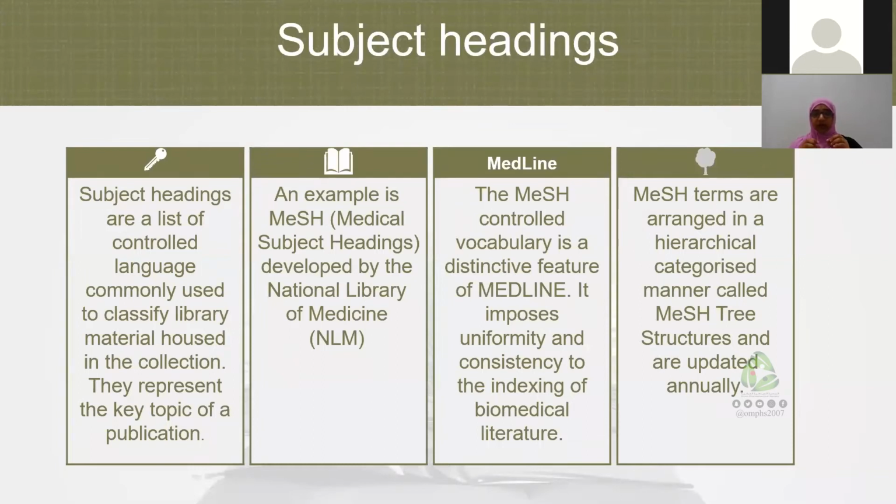So a MeSH term could be like, if I say chronic kidney disease, if that's a MeSH term, anything related to that topic would automatically be included in your search, whether it's renal, whether it's nephrology, whether it's dialysis, transplant, everything will be in that MeSH term, under that MeSH term.